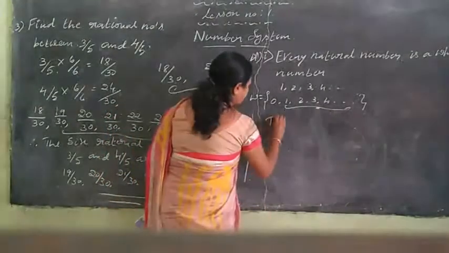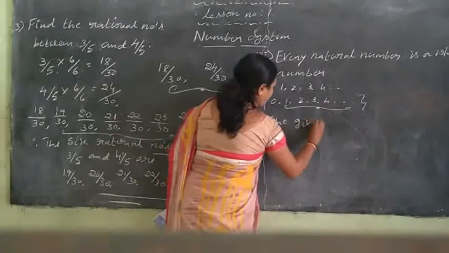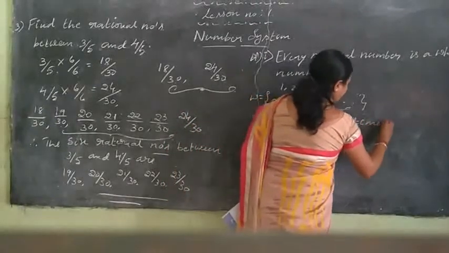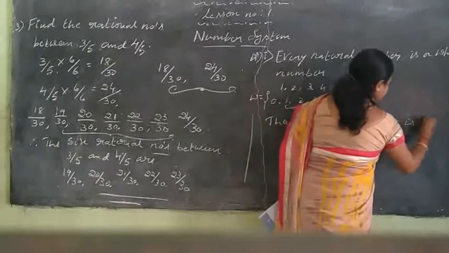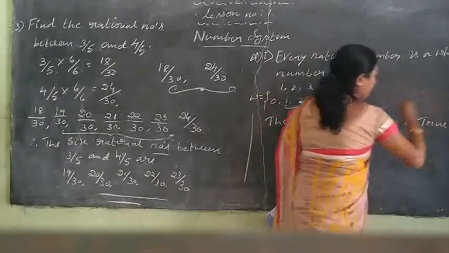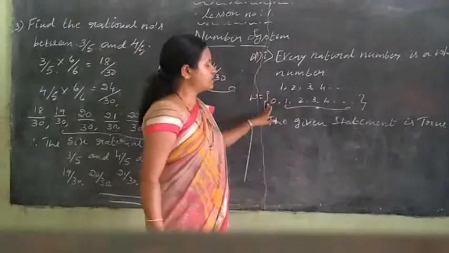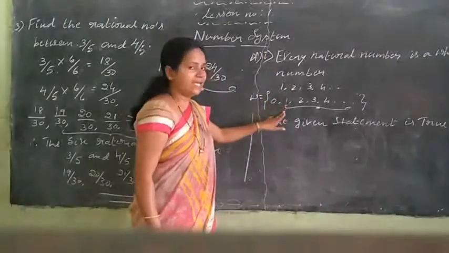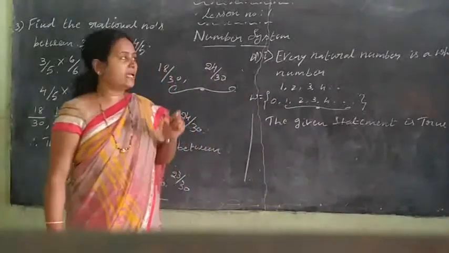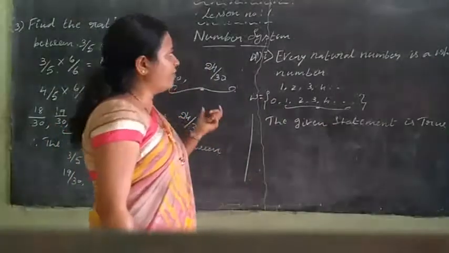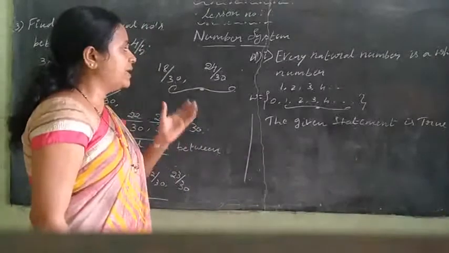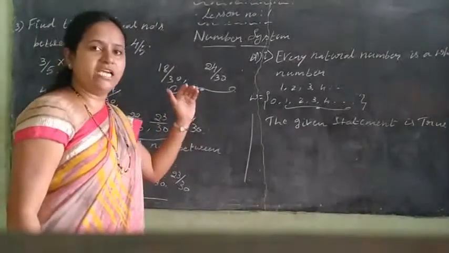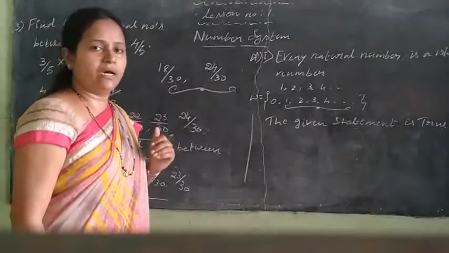So the given statement, every natural number is a whole number, is true because whole numbers include each and every natural number.